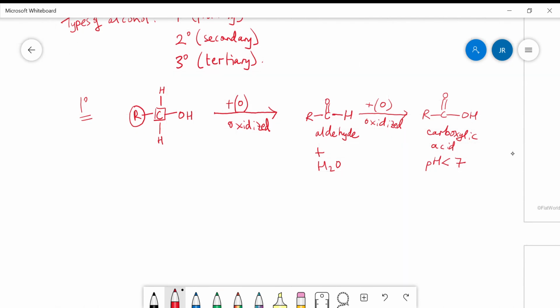Secondary alcohols: here, the carbon that contains the OH is bonded to not one but two other carbons. They can be the same, they can be different, but two other carbons and only one H. It can undergo oxidation, so it's oxidized to give a ketone.